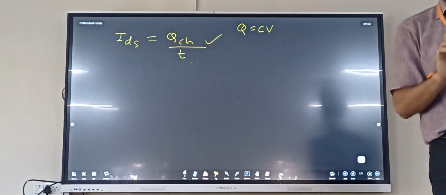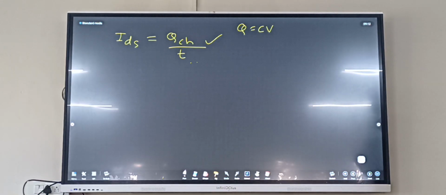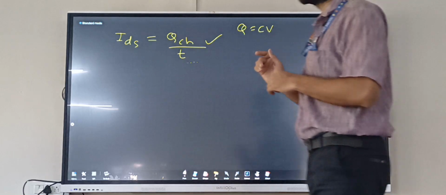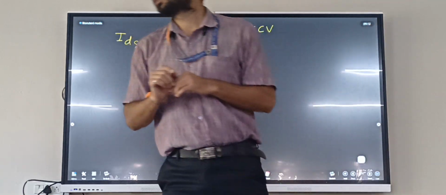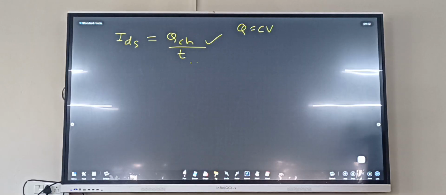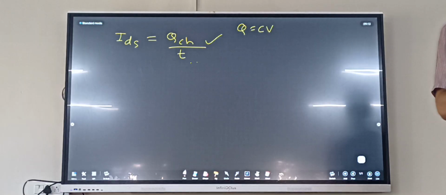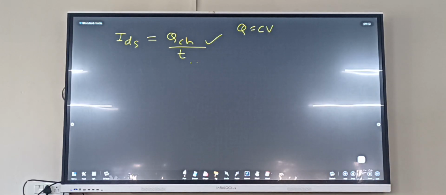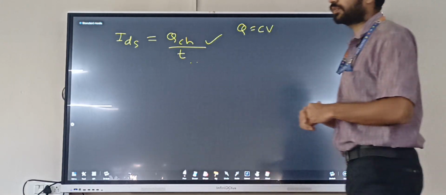This is the current equation of MOSFET in saturation region, where beta is mu COX W by L. In the same way, in cutoff, because the device is off, current is 0, and in the linear region also we have got the equation.